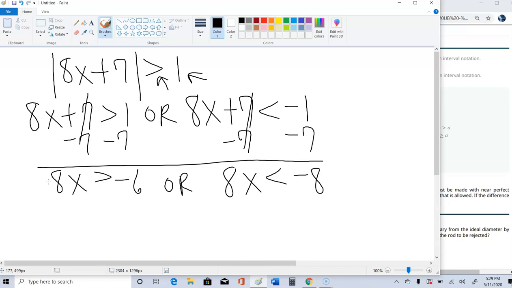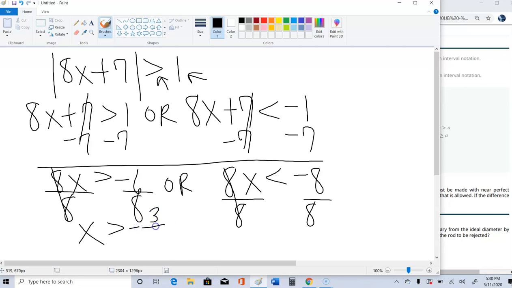But here we don't have to. Just divide everything by 8. So our first inequality, when we reduce our answer, is x is greater than -3/4, or x is less than -1.